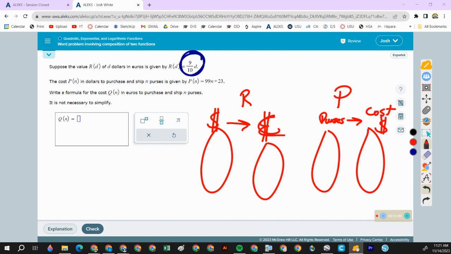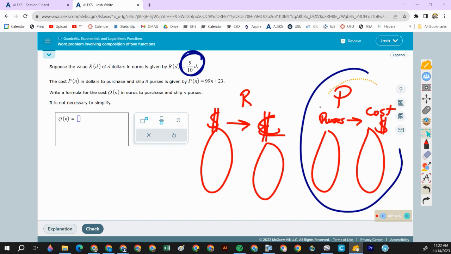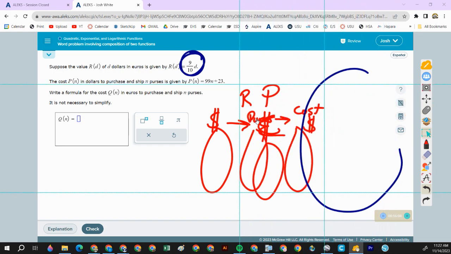So how am I going to arrange that? Am I going to put R inside P or P inside R? Well, if I went from here to here and then here to here, would that make sense? No, that doesn't make any sense. So I've got it backwards. So we're going to take this stuff and move it over here.